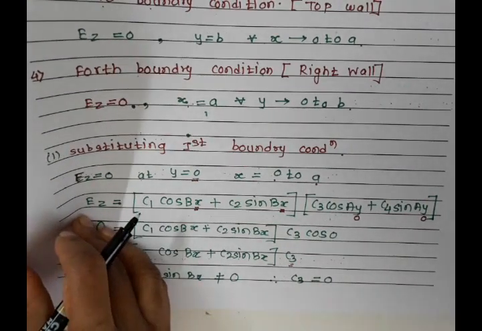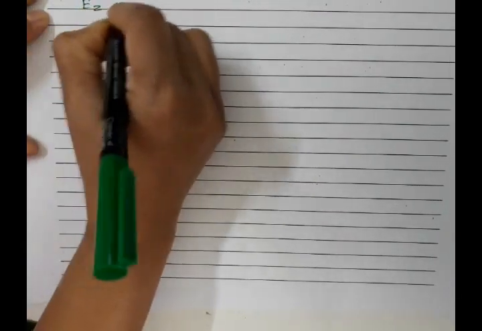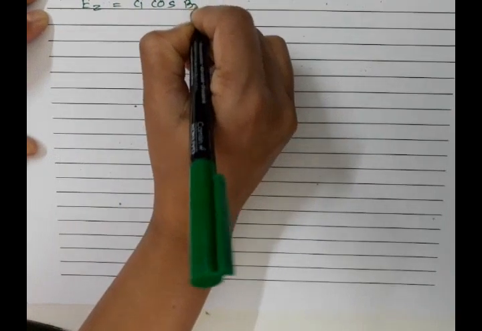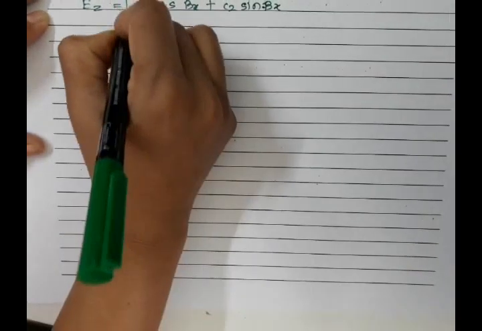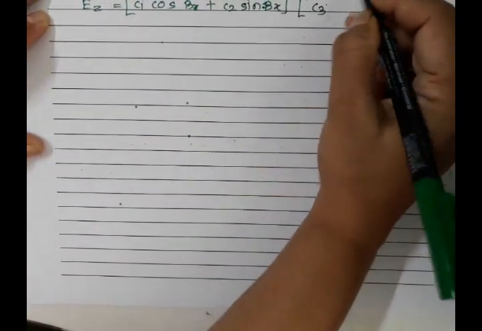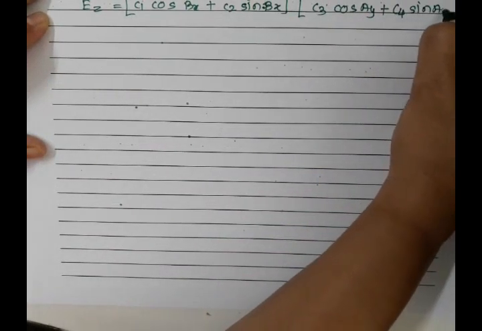So if your c3 is equal to 0, you just put this in your original equation. So our Ez is equal to c1 cos bx plus c2 sin bx into c3 cos ay plus c4 sin of ay.